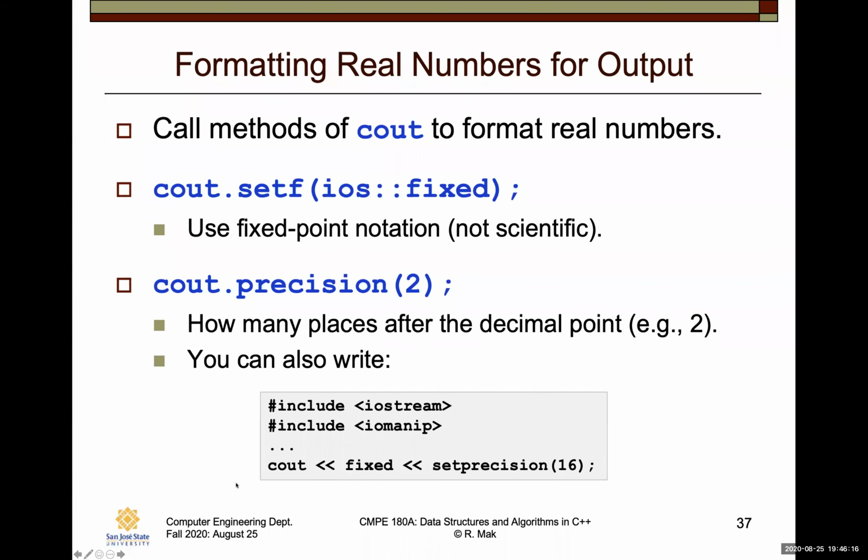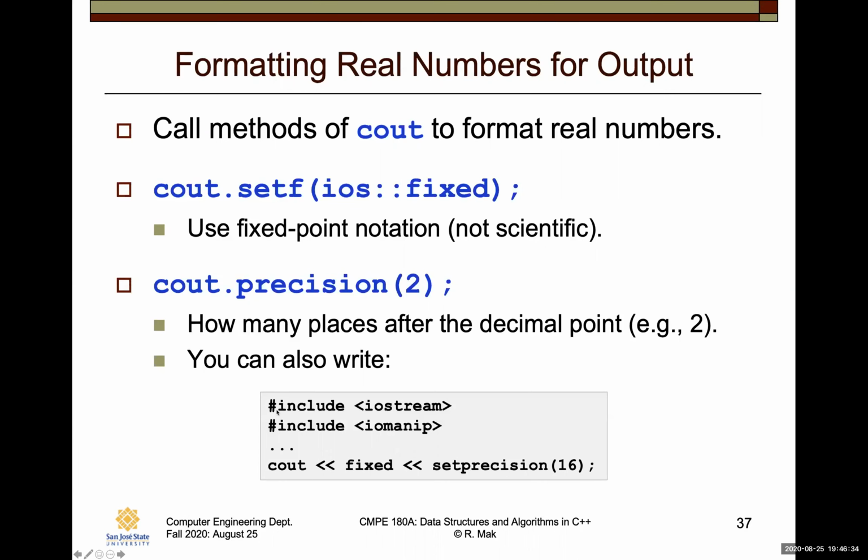So what I'm basically saying is that when I write a number, I want it to be in fixed point notation and have 16 digits after the decimal point.